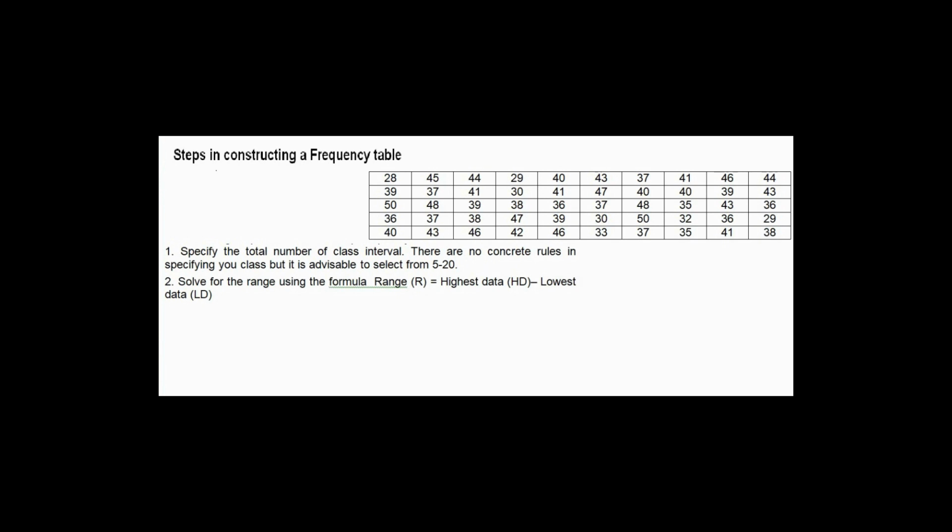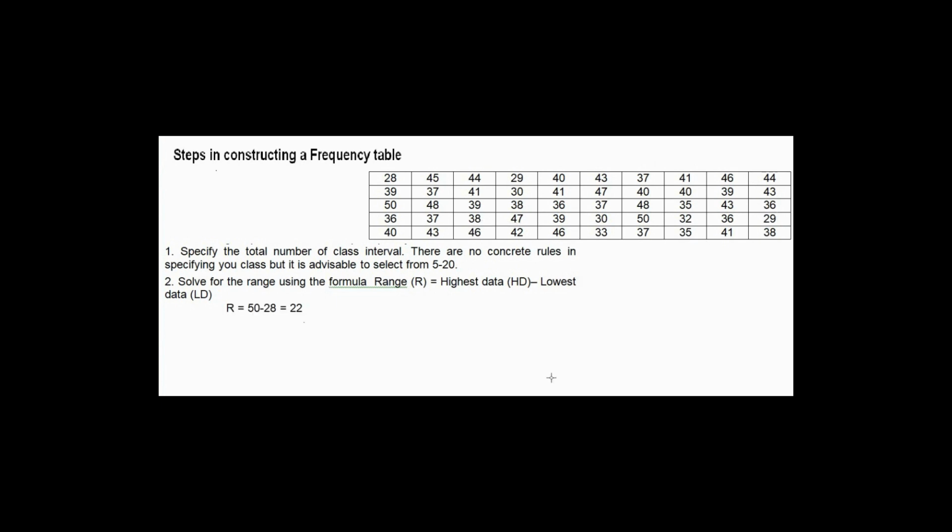The second step is to solve for the range using the formula: range, represented by R, equals highest data, or HD, minus lowest data, or LD. With the help of this table, we will identify which number is the highest and which is the lowest.